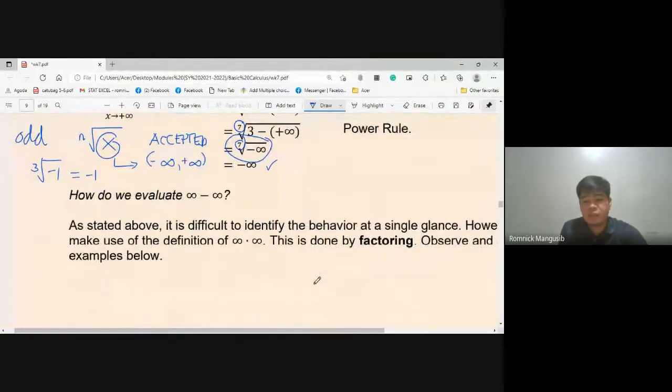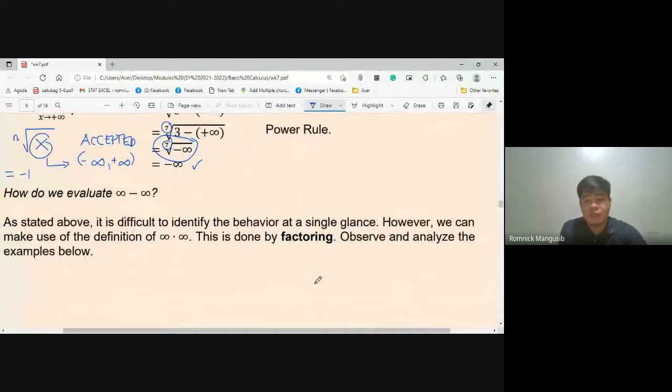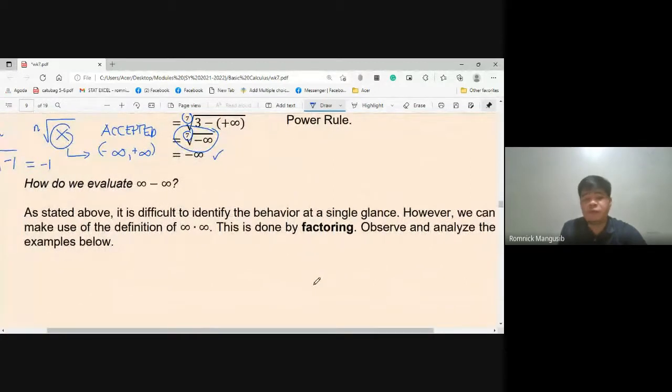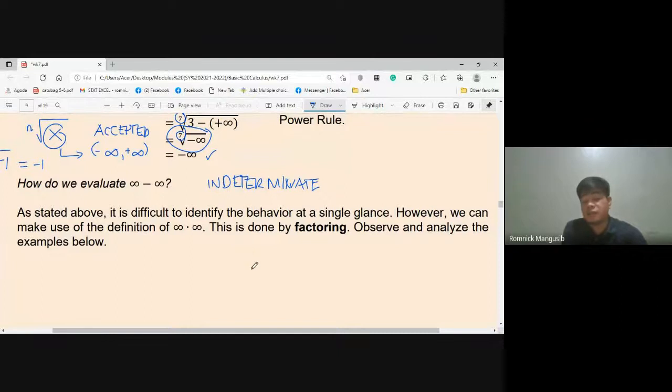Now, what's more interesting than knowing the indeterminate forms? So how do we evaluate infinity minus infinity? This is indeterminate. Ito na yung interesado talaga tayo. Okay? Now, as stated above, it is difficult to identify the behavior at a single glance.